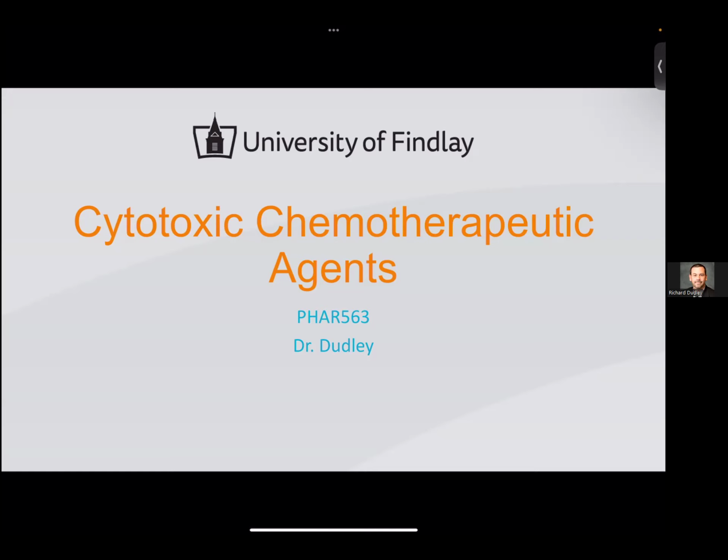But we also talked about how these drugs have the ability to intercalate and bind to DNA that has been processed by that enzyme called topoisomerase 2, which is responsible for catalyzing the formation of double-strand breaks in the DNA for the purposes of synthesis.